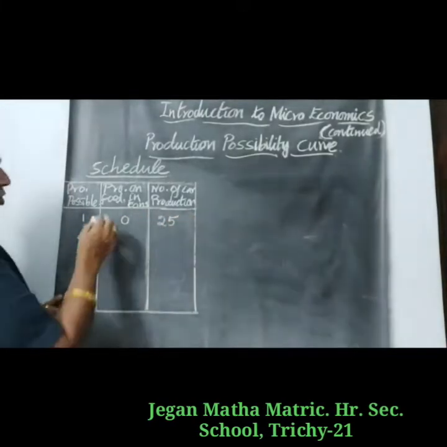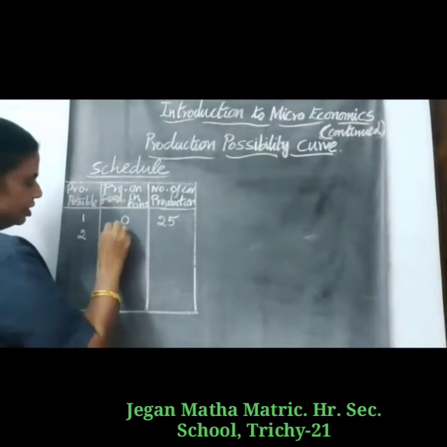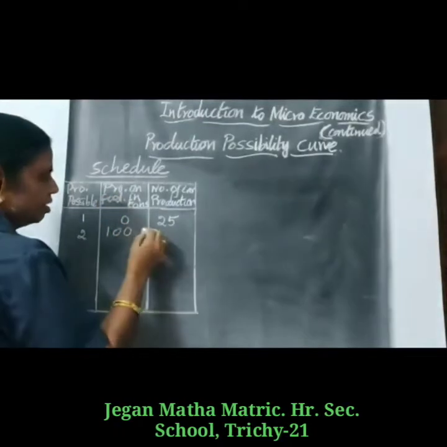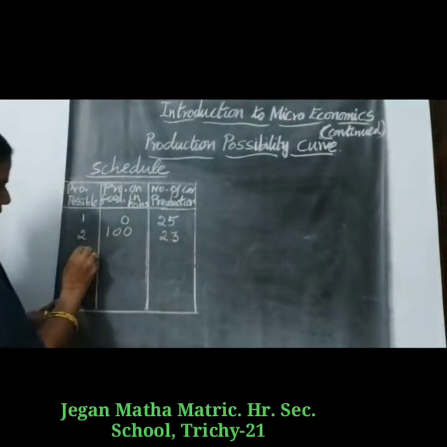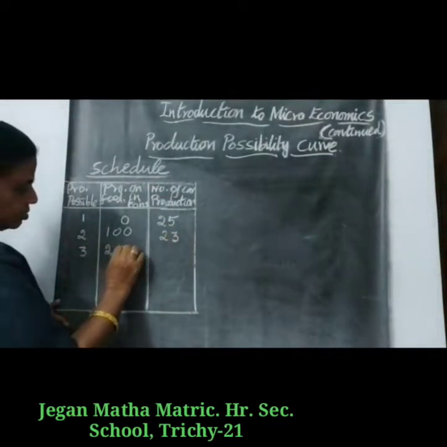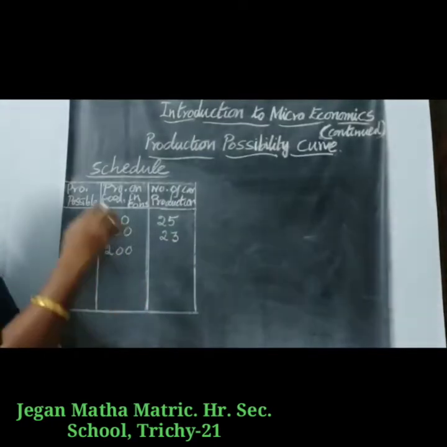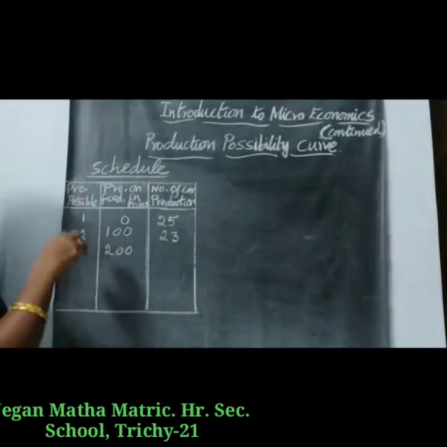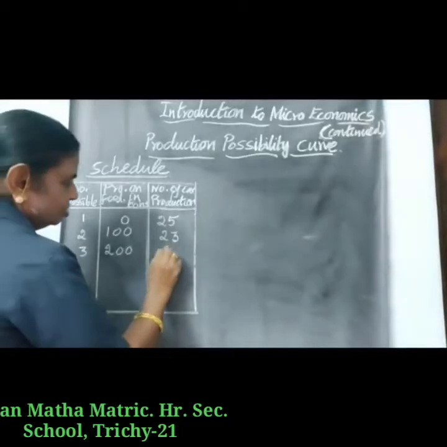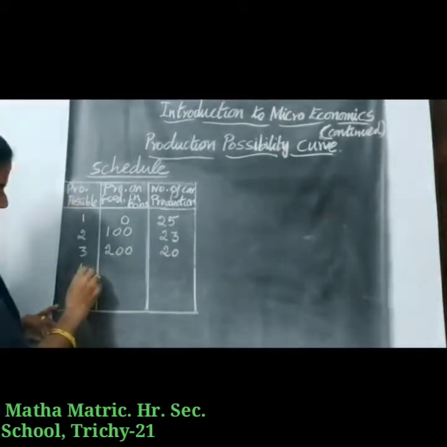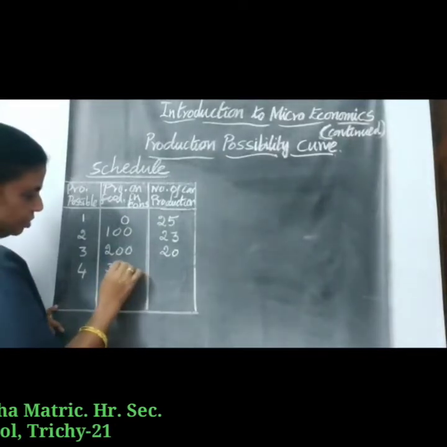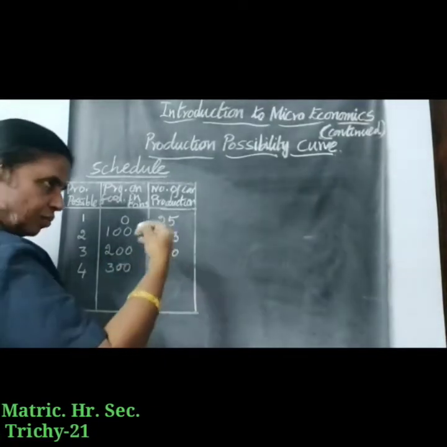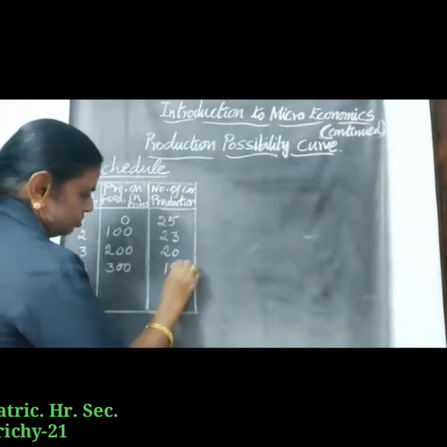Second, when production of food in tons is 100, cars produced are 23. And third, when it increases to 200, the number of cars produced is reduced to 20. And fourth, if it reaches 300, then it will be once again reduced to 15.